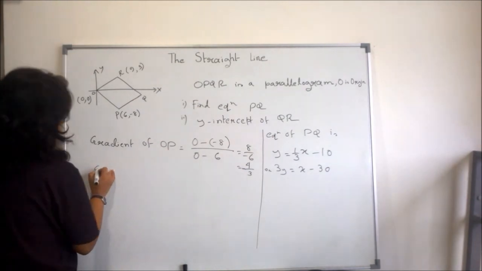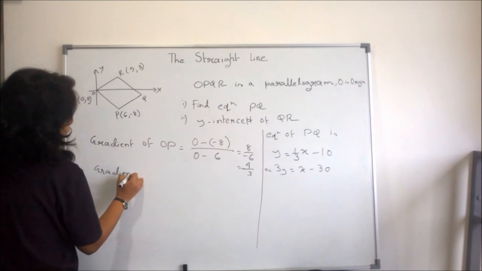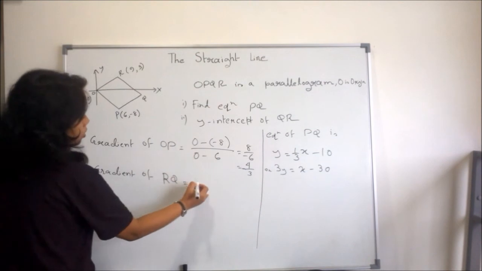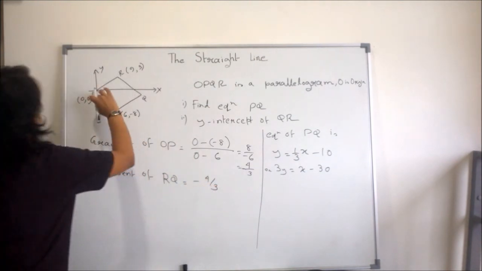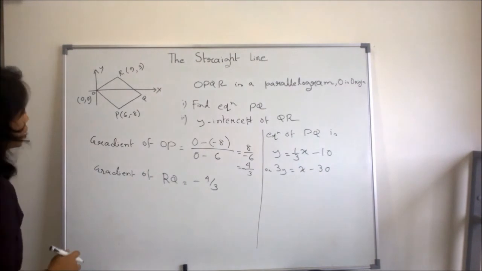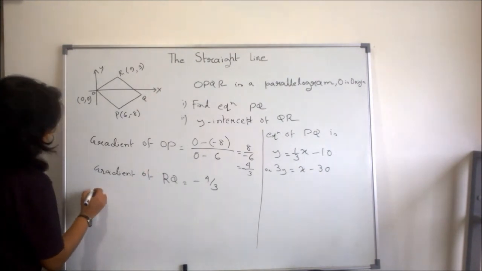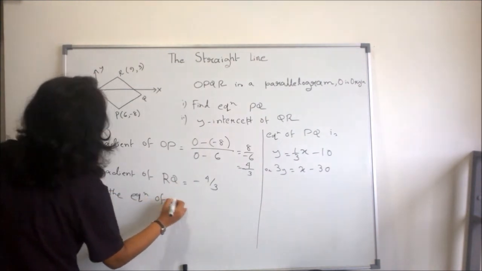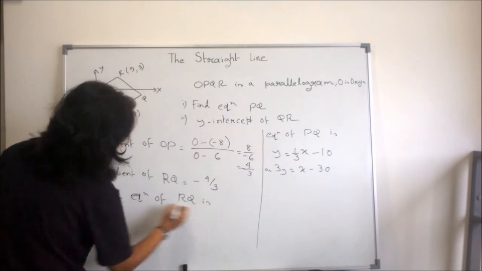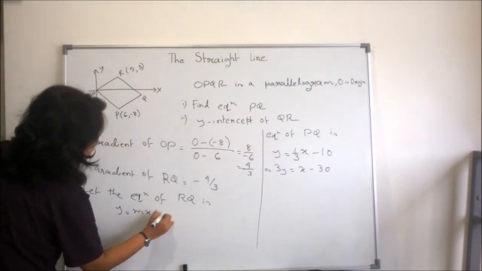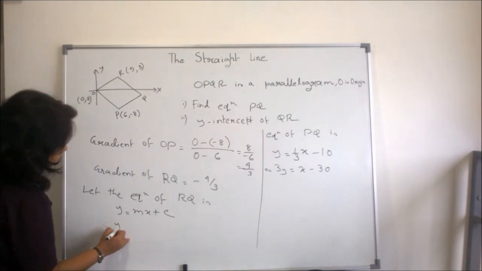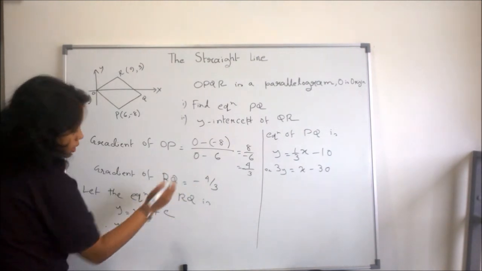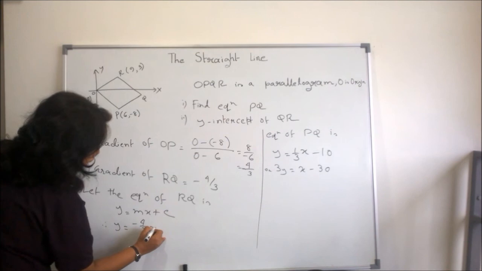So the gradient of RQ is also -4 by 3, because this line and this line are parallel. Now let the equation of RQ be y = mx + c. Here in place of m we put -4 by 3, so y = -4/3 x + c.